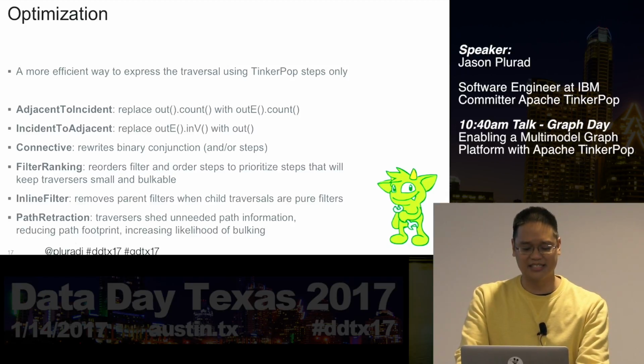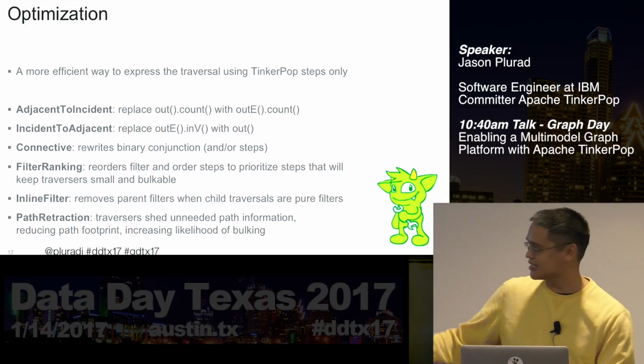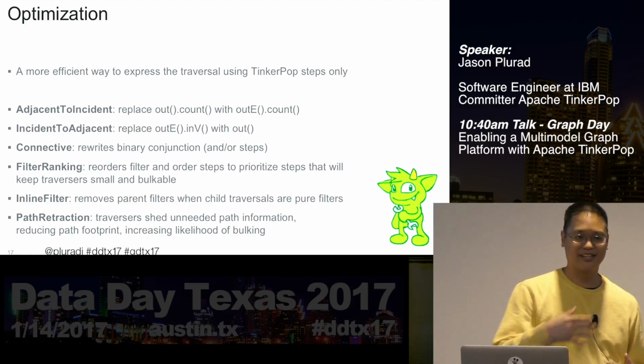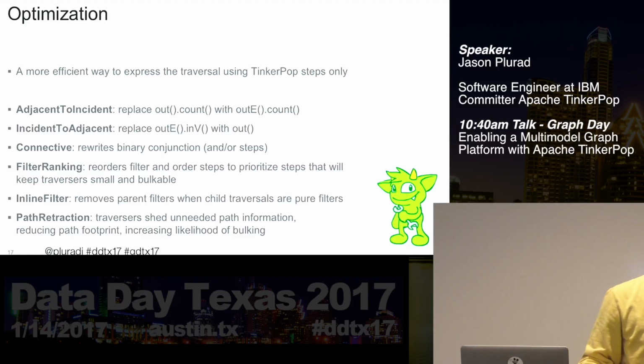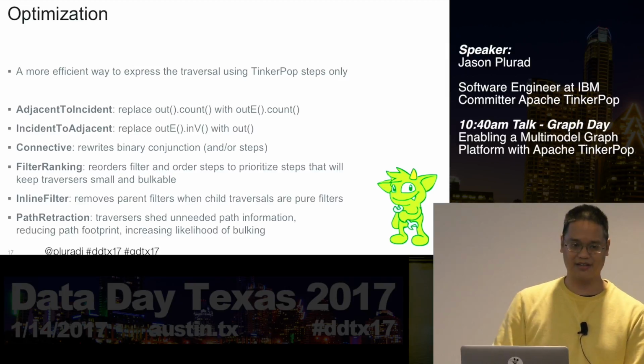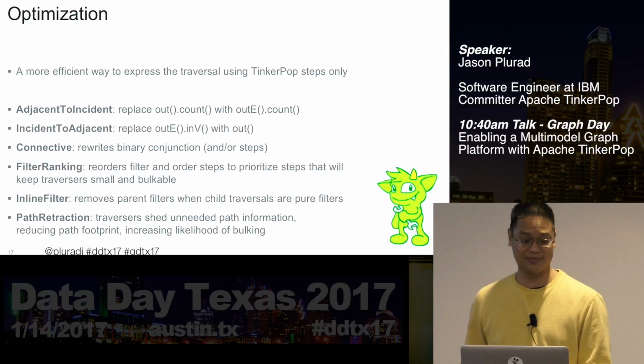But it's nice to know at the end of the day, given these optimization strategies, that if I write it one way and you write it another way, by going through the traversal strategies and understanding how the optimizations come into play, we're actually still doing the same exact thing.